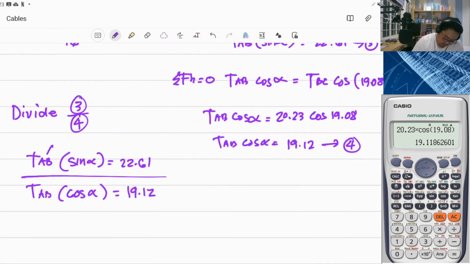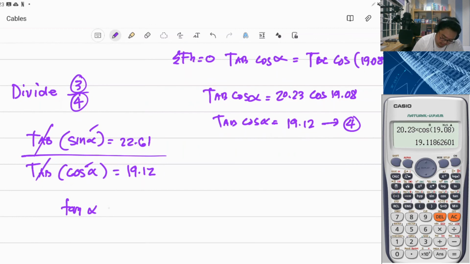So this will cancel out. This becomes tangent of alpha. So sine over cosine is tangent of alpha, remember in your trigonometry, equals 22.61 divided by 19.12.